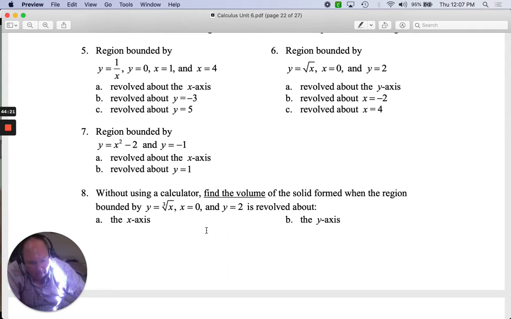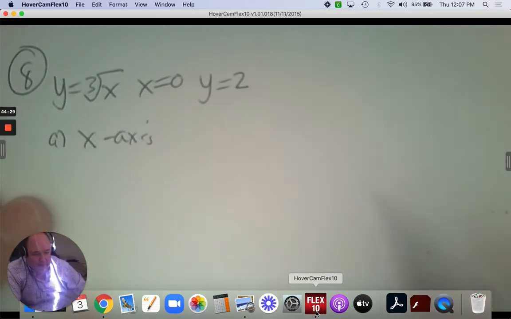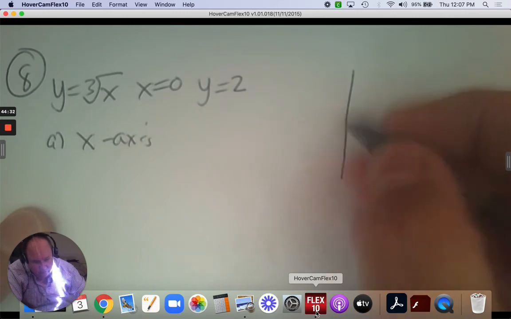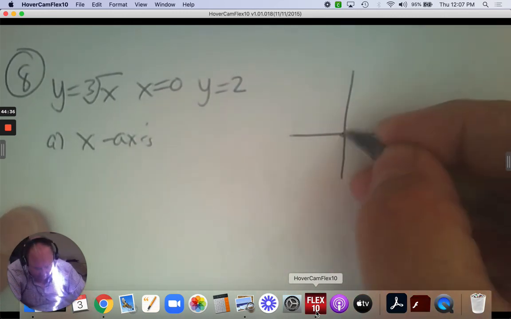So we're going to go around the x-axis, and we're going to do it around the y-axis. So step 1 is we're going to draw a picture of this. So do you know what x cubed looks like? And the answer is, it kind of looks like an S.